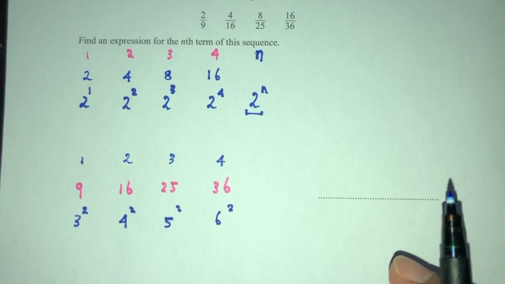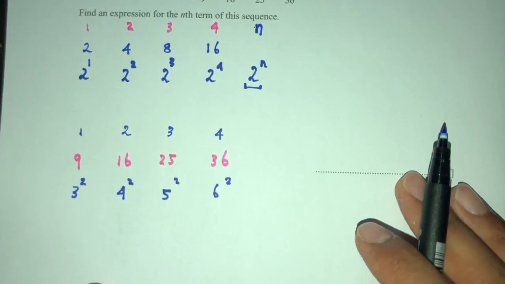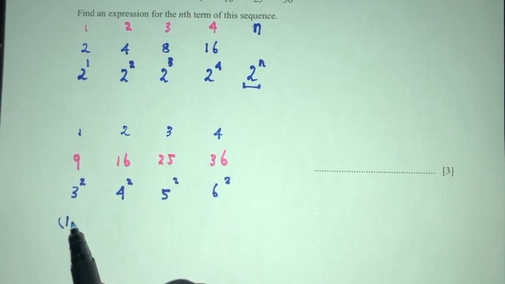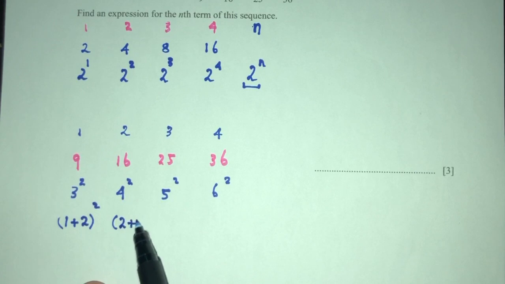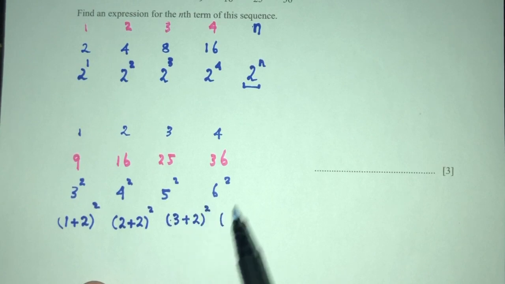Now, how can we use the term number to get this? Let's think. It could be term 1 plus 2 to get 3 squared. Same thing, term 2 plus 2 to get 4. So here that will be 3 plus 2 squared, here 4 plus 2 squared. So we can see a trend here.